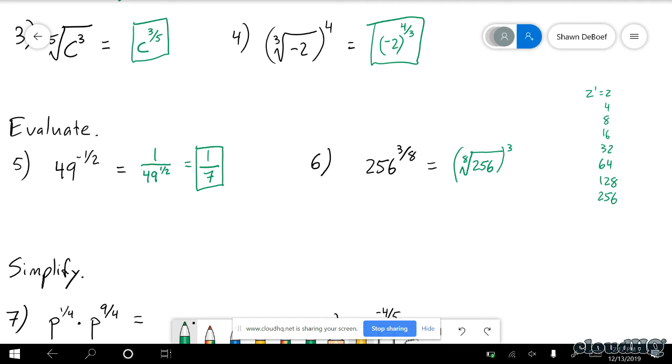Okay, that's where I wanted to go. That was 2 to the 1st, 2 to the 2nd, 2 to the 3rd, 4th, 5th, 6th, 7th, and 8th. Oh, 2 to the 8th is in fact 256. So therefore, the 8th root of 256 is 2. And then I have to take it still to the power of 3. So 2 to the 3rd, that's 8.